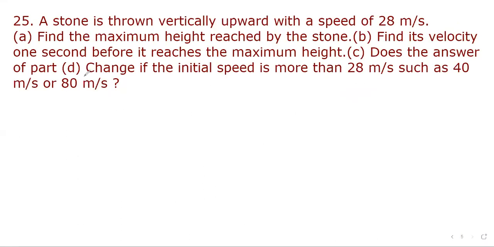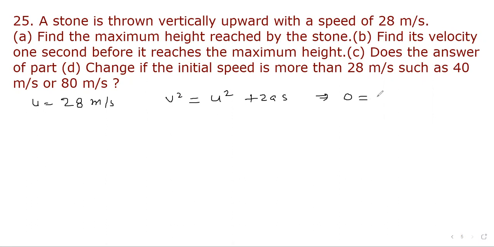Question number 25. A stone is thrown vertically upward with a speed of 28 meter per second. Value of u is 28 meter per second. Find the maximum height reached by the stone. So using v square equal to u square plus 2as.